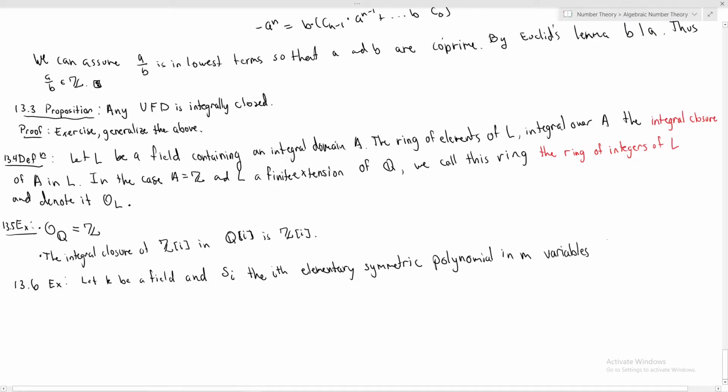If you're not sure what this is, see lecture 10. We talk all about symmetric polynomials there.